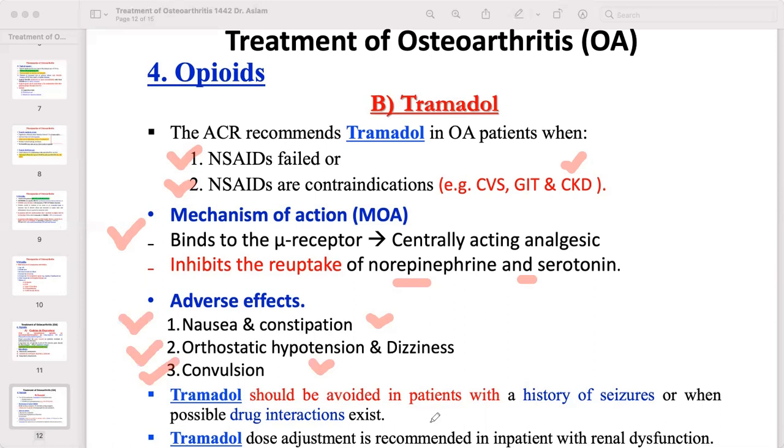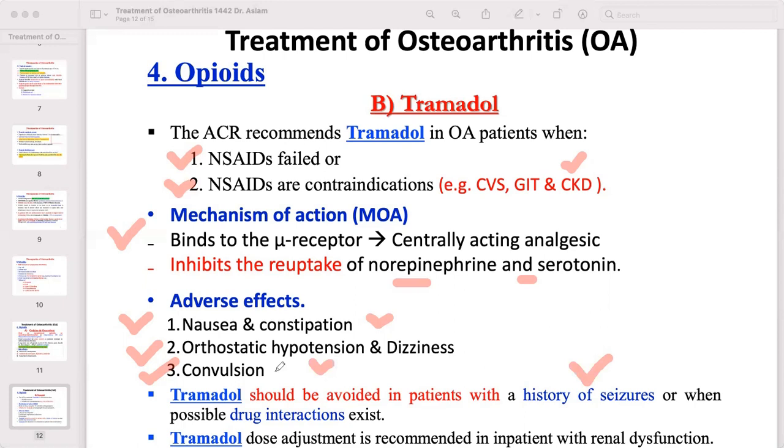Tramadol should be avoided in patients with history of seizures or when possible drug interactions exist, because tramadol may produce some convulsions.